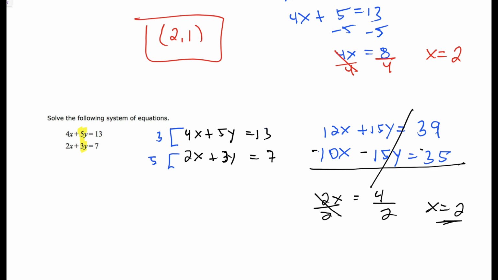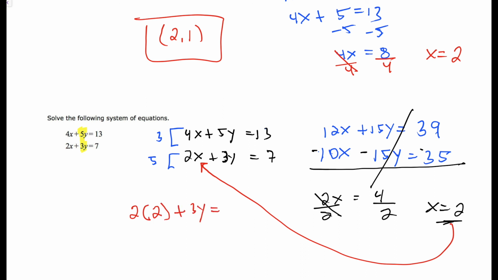Now what do we do with that 2? Yeah, you can do that. So you're going to plug it back into the original. And don't plug into these. It'll work, just way more work. So plug into that, you're going to get 2 times the new 2 plus 3y equals 7. So then you get 4 plus 3y equals 7.